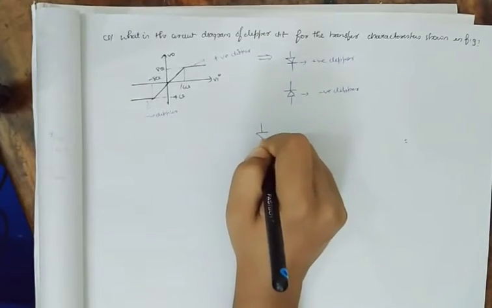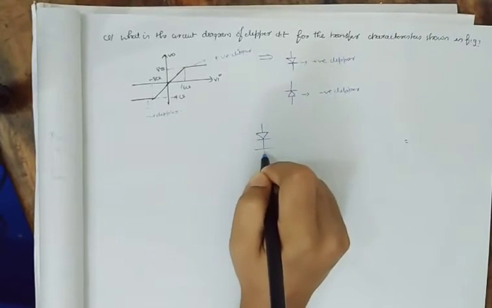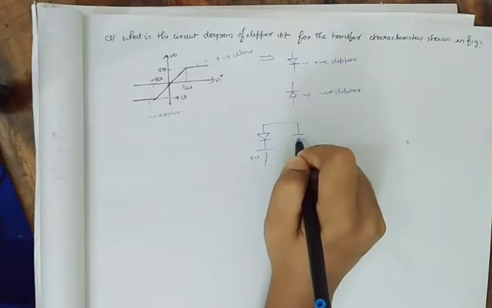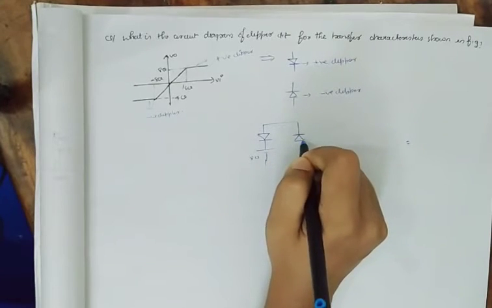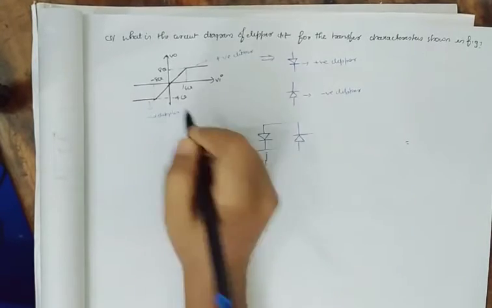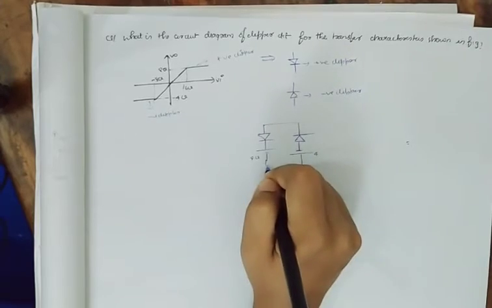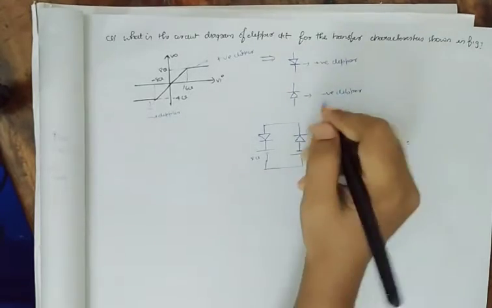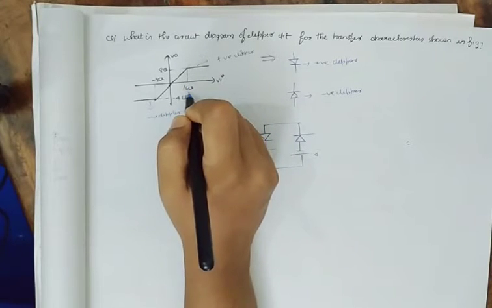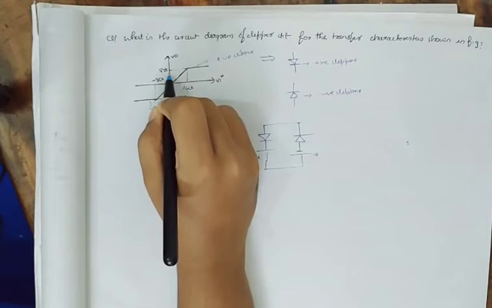So for clipping at 8 volt, the diode should be connected to positive 8 volt, and for clipping on the negative side, the diode should be connected to minus 4. Now we can see that when the input was 16 volt, the output was only 8 volt.